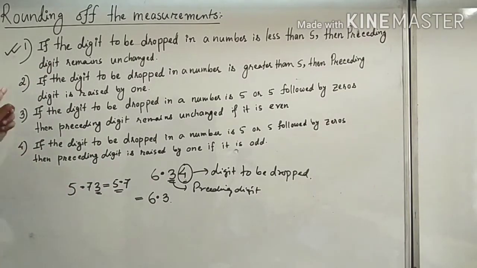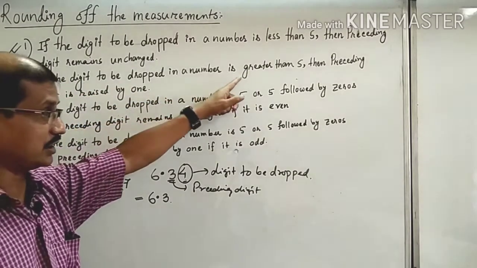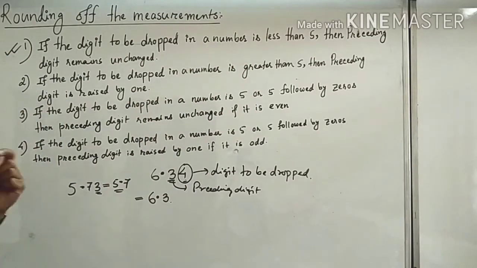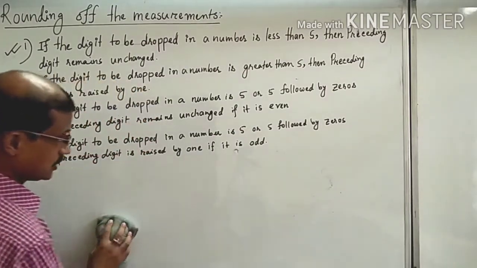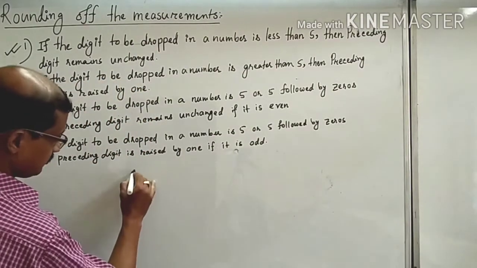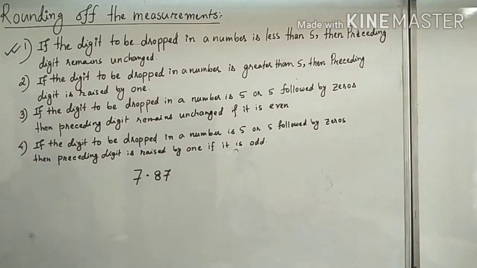The second rule is if the digit to be dropped in a number is greater than 5. Suppose we have 7.87.